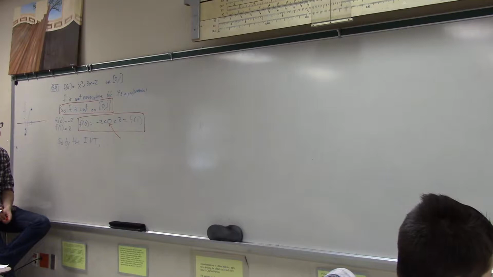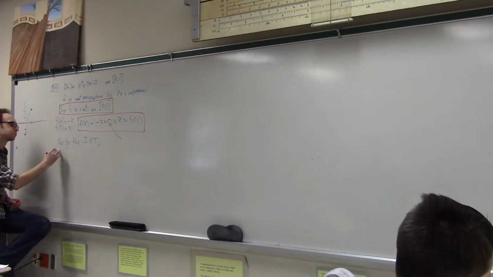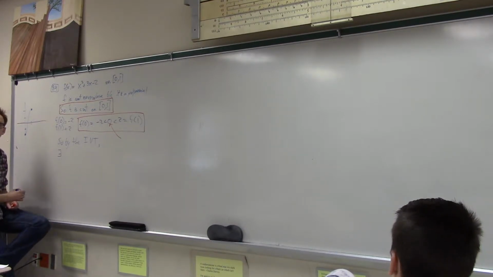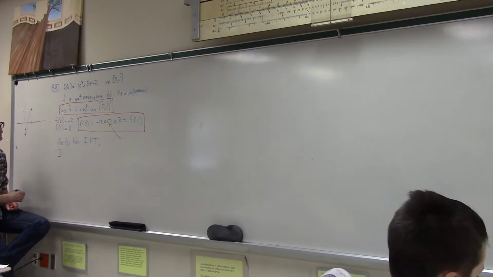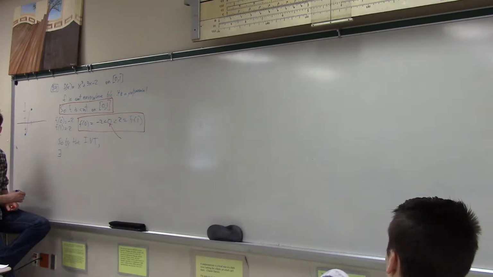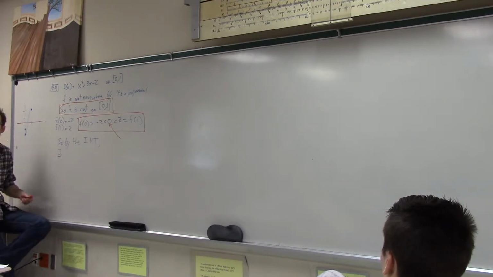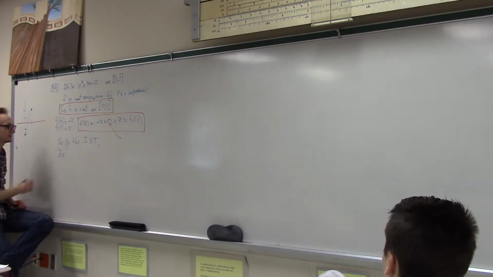So there must be, for at least one x value that lies between 0 and 1, an f of x. Yeah, usually called C. That's just kind of what we do, right? So there exists a C such that what?